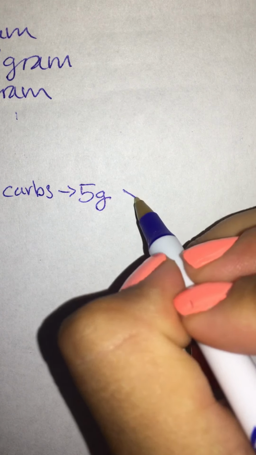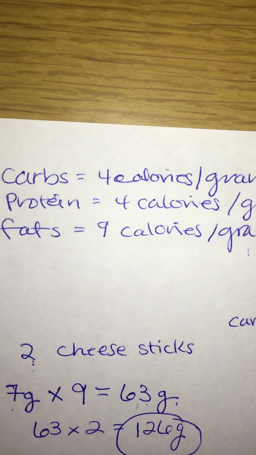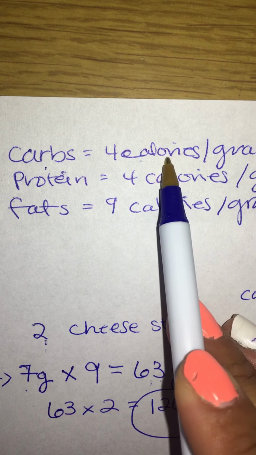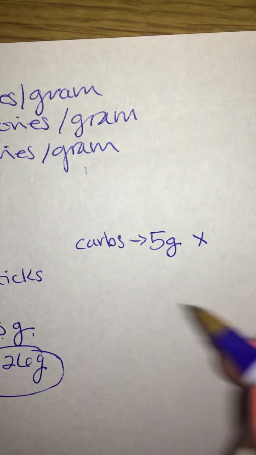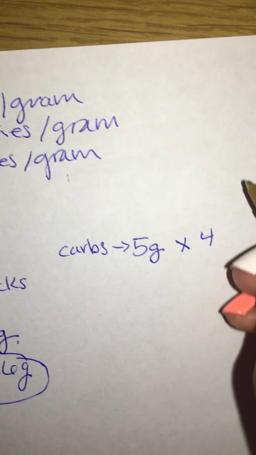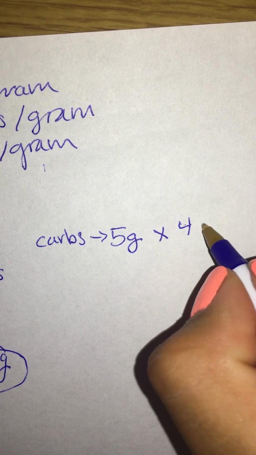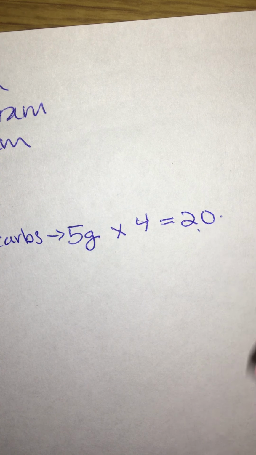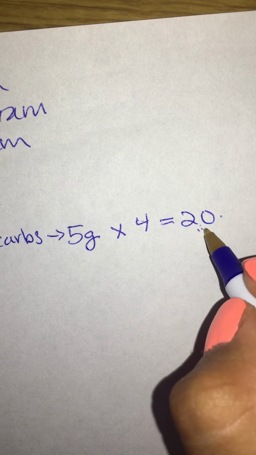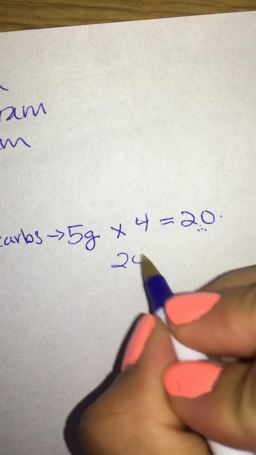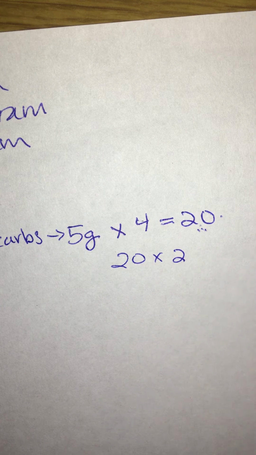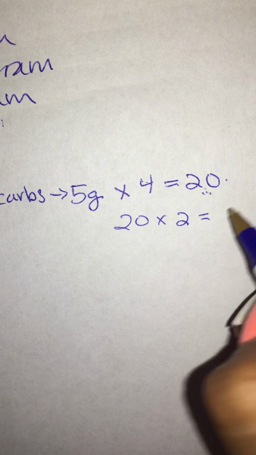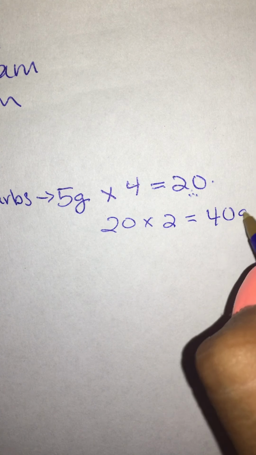We get 5 grams for 1 serving, and for protein we get 4 calories per gram. We multiply 5 by 4 and we get 20, but this is just for one serving. And we're going to do 20 times 2 because I'm eating 2 cheese sticks, and that gives us a total of 40.